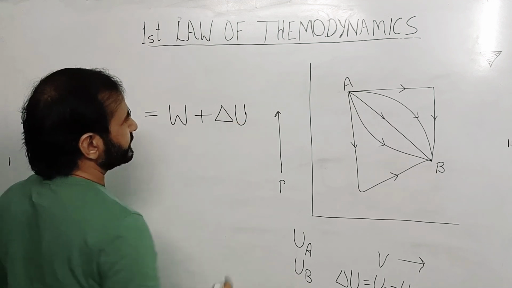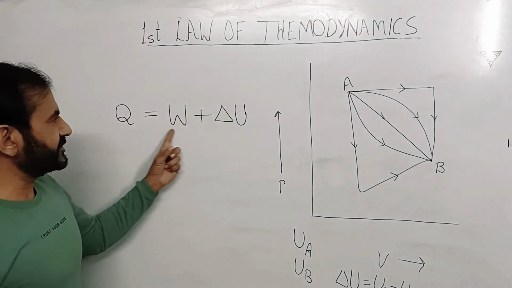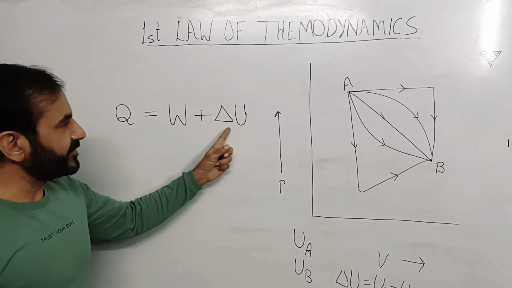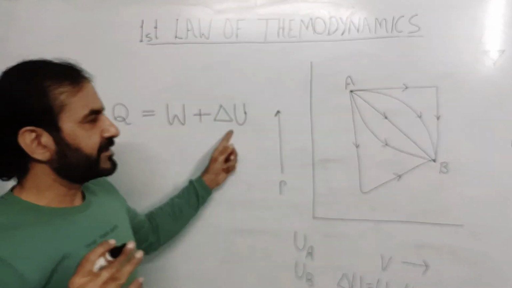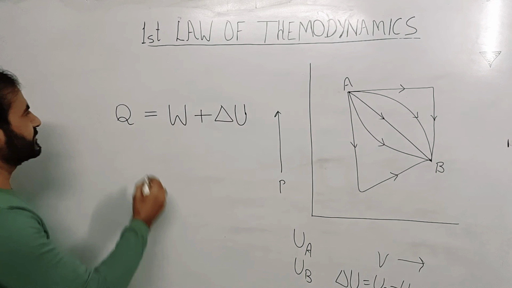If Q heat is given to a system, some part of this energy is used in doing work and the remaining part is used in increasing the internal energy of the thermodynamic system. This is the first law.